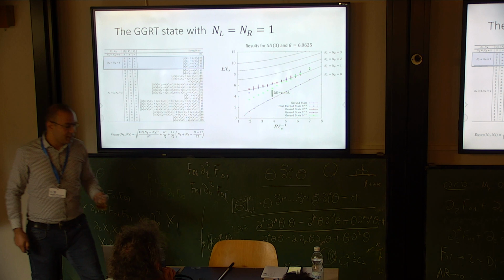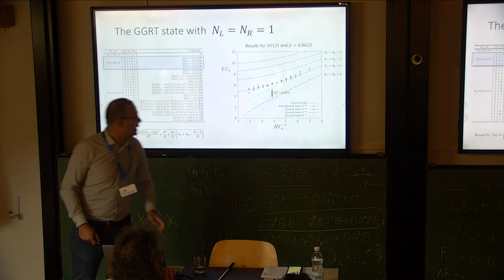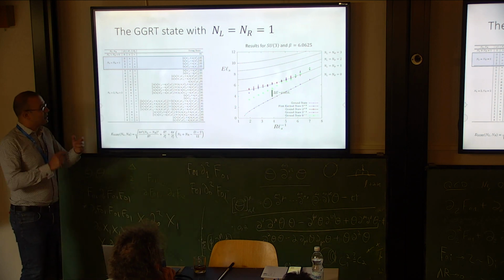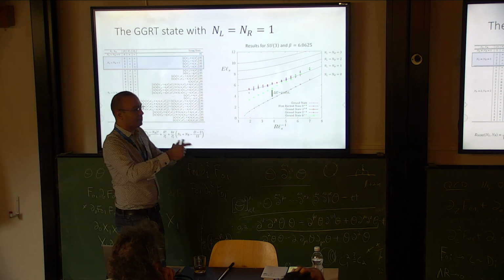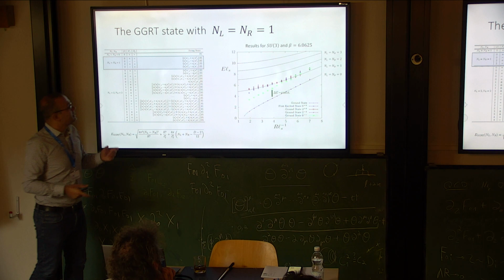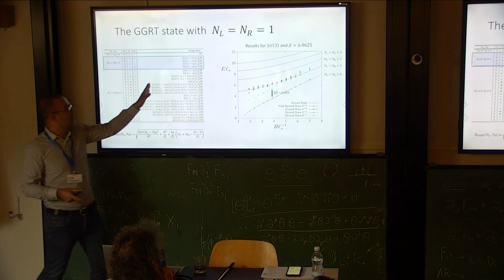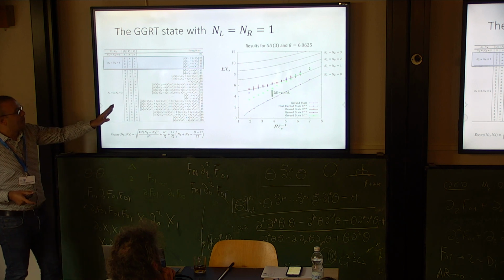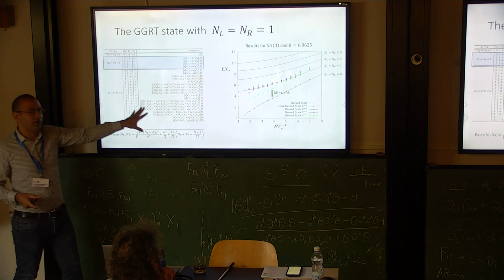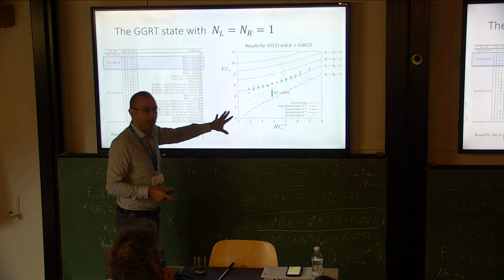Now let's see, I would say, the most interesting results, which were the turning point in understanding the existence of this axion. What you can see here are results for n left equals n right equals 1. This is SU3. I plot SU3 because these are the most precise results.